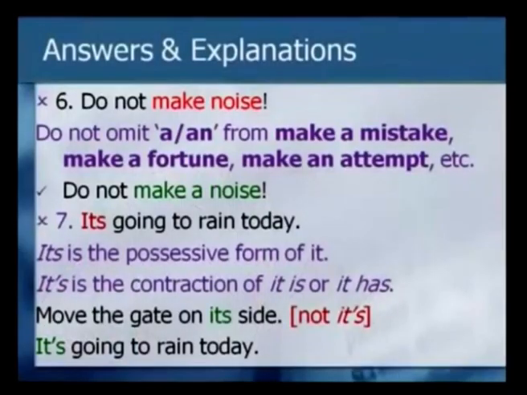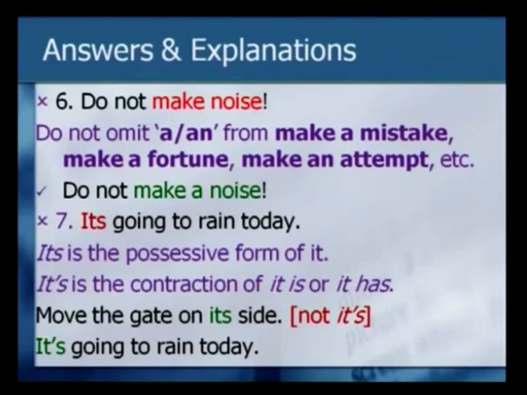Look at the next one, and this is again an interesting one. Do not make noise. So often we say this, do not make noise. But what is missing here is the use of the article a. You should not omit a or an, depending on the sound, from phrases like make a mistake.